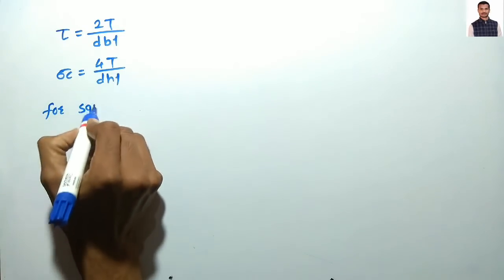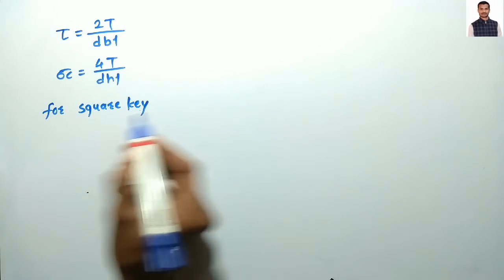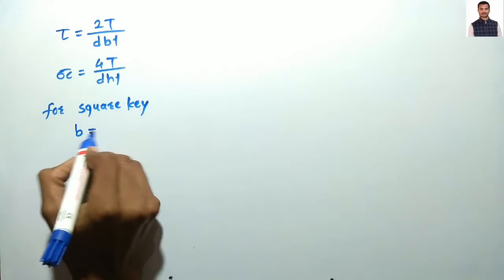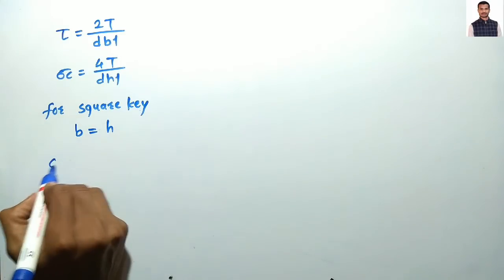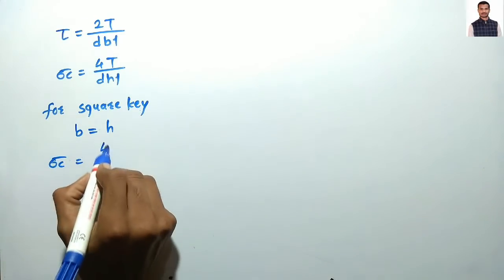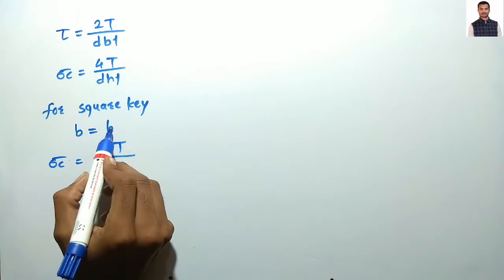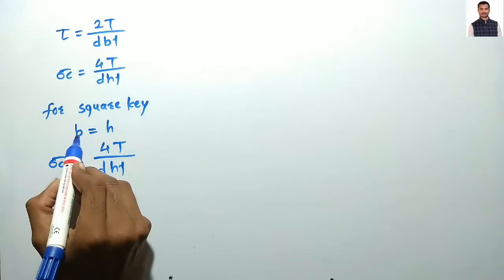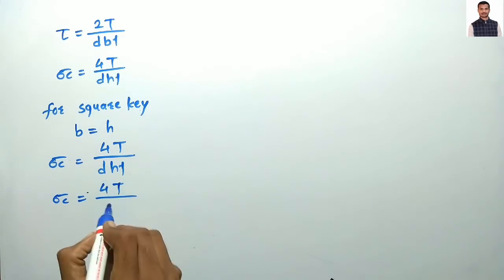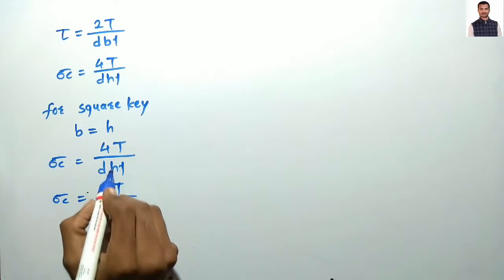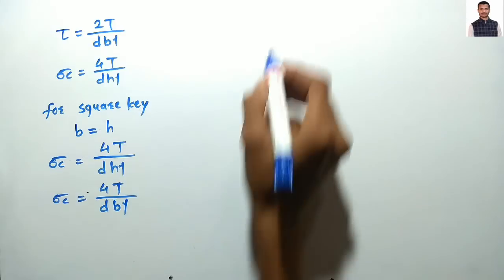For a square key, we know that width is equal to height. So let us take sigma C is equal to 4T divided by dHL. Now H is equal to B. So let us put B instead of H. So dBL.